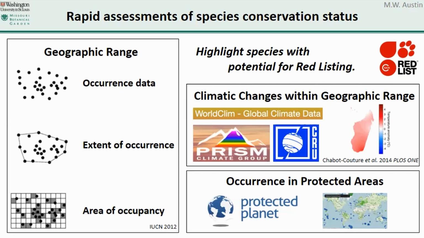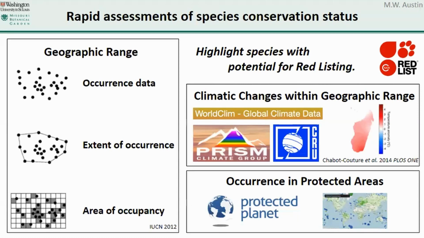And climatic variability can help indicate threat level for species in two different ways. The first of which is lower climatic variability within an extent of occurrence corresponds with a higher likelihood of a species being vulnerable to a stochastic event.